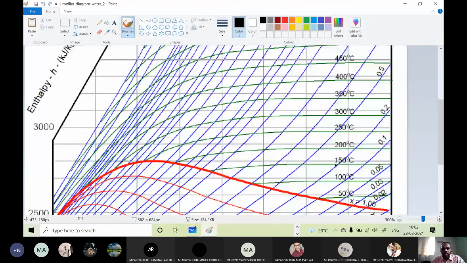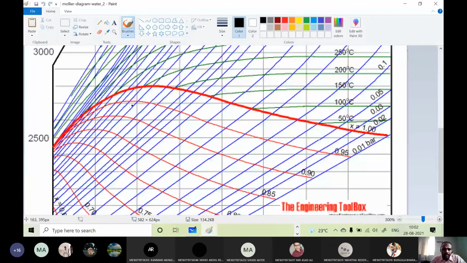Now you can see here this thick red line, this is the dryness fraction x equal to 1.00. This corresponds to dry and saturated steam. Agree? Now we need to select a point where this dry saturation line and the 300 degrees centigrade line are intersecting.